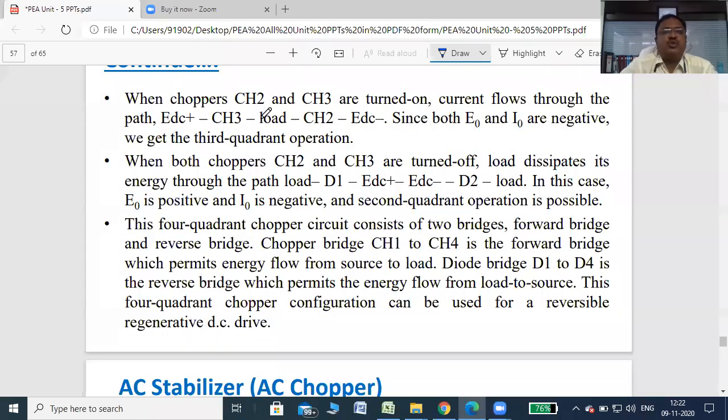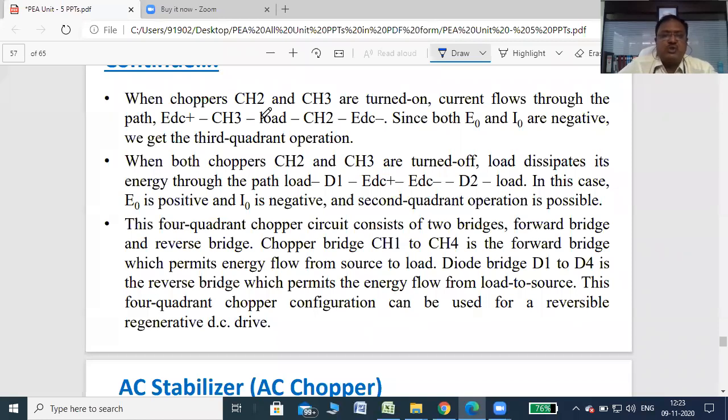When choppers CH2 and CH3 are turned on, current flows through the path EDC plus, CH3, load and CH2, EDC minus. Since both E0 and I0 are negative, we get the third quadrant operation.